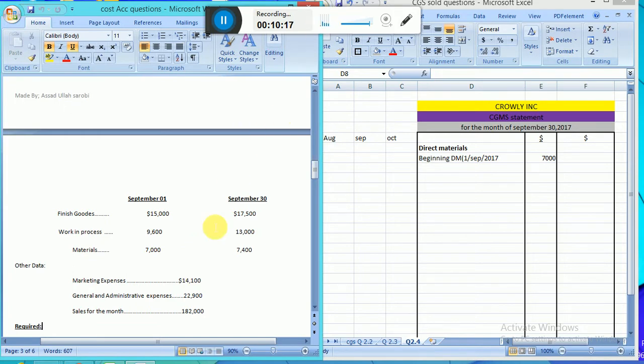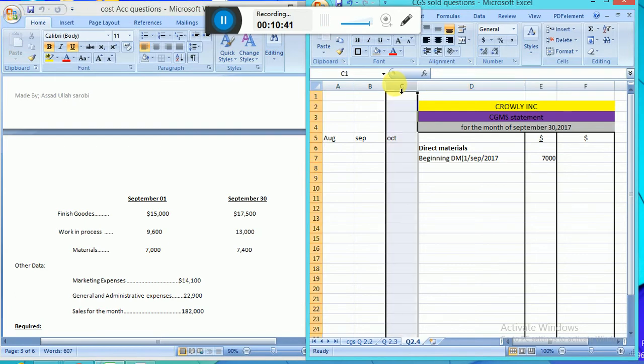How? Look at it. The remaining material is 7,000. But in September, remaining material is 7,400. It is more than what remained from the month of August. It means that we made purchases of the raw material, but those are unknown.